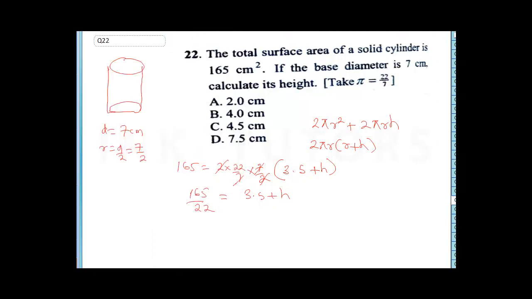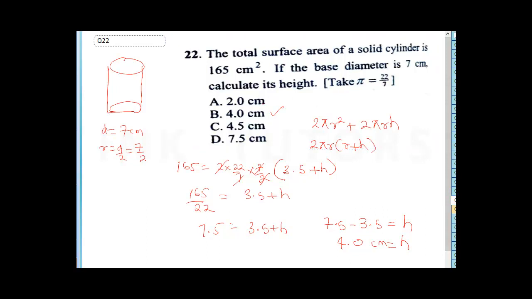So this means 7.5 is equal to 3.5 plus h. Therefore, if we collect like terms, 7.5 minus 3.5 is equal to h. Therefore, 7.5 minus 3.5 is going to give us 4.0 cm, which is equal to h. So our correct answer is B.